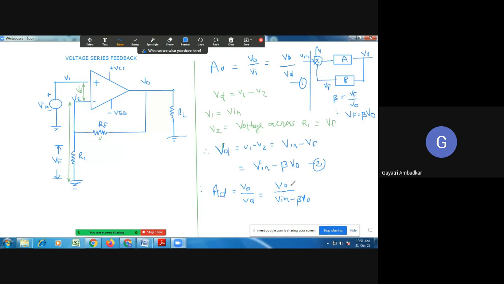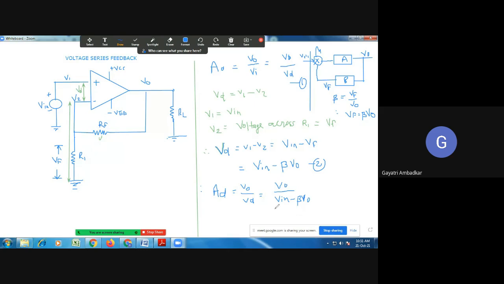If I divide this by Vin, it will be Vo by Vin, which is nothing but the gain. So you can get this as A upon 1 plus A beta.